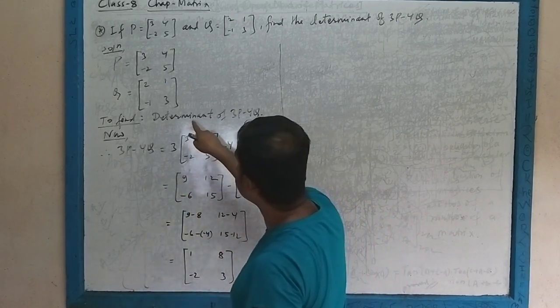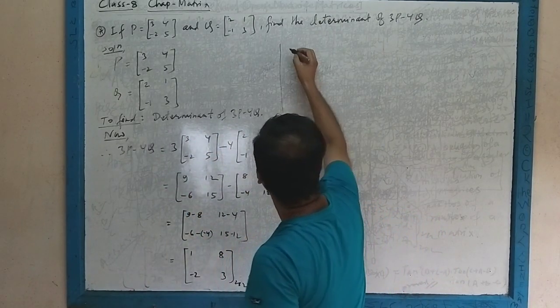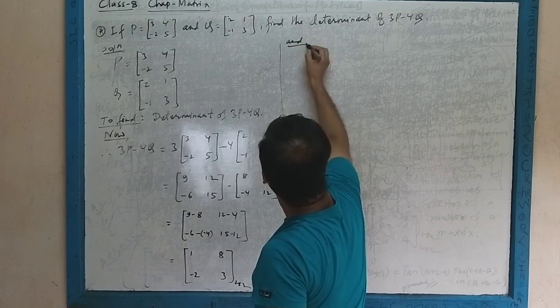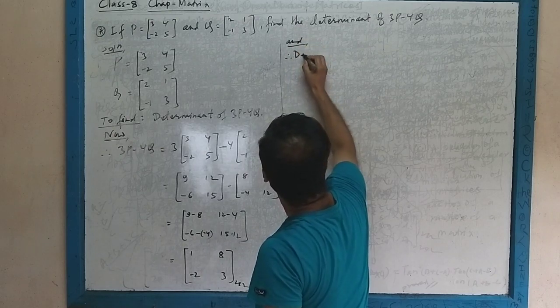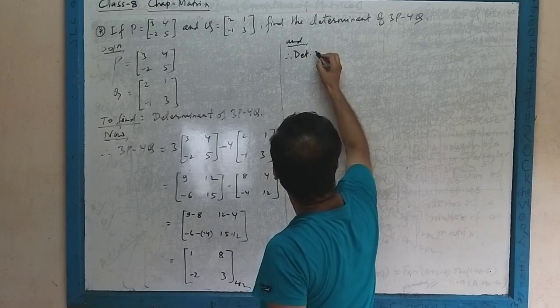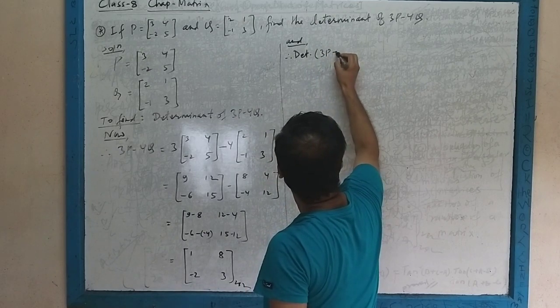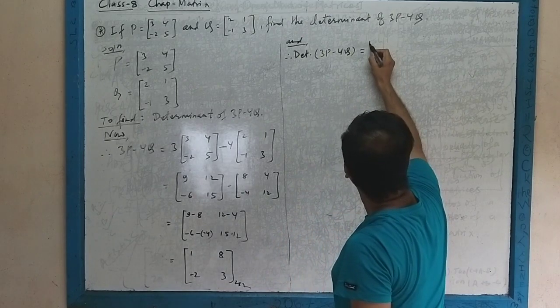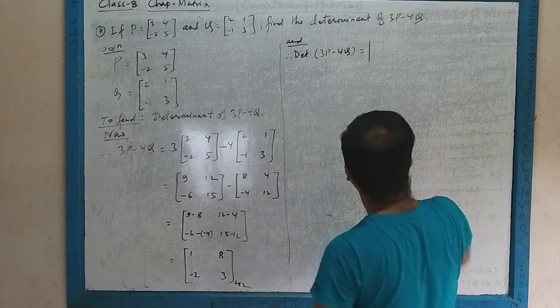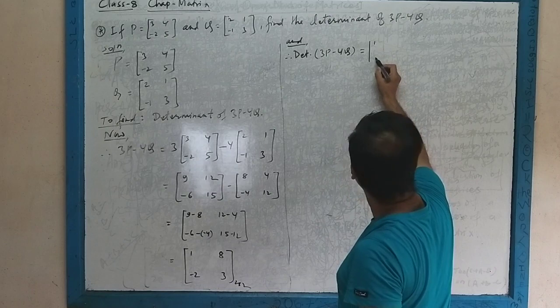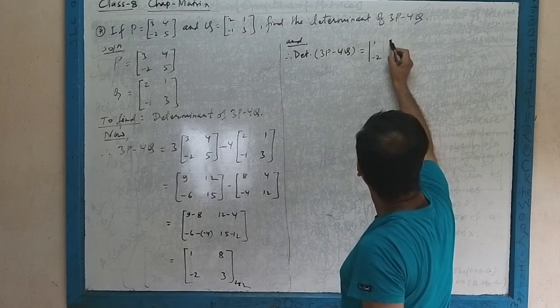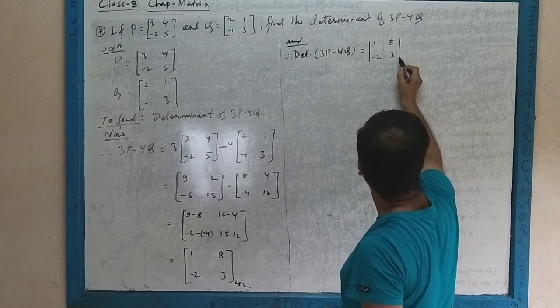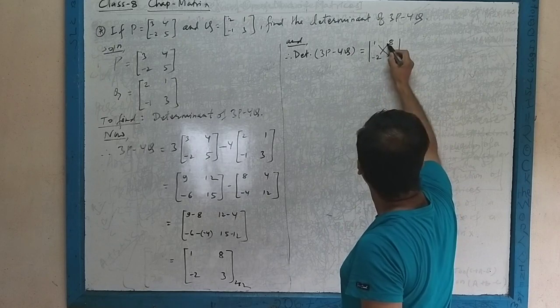Now our intention is to find the determinant of 3P minus 4Q. Therefore, the determinant of the matrix 3P minus 4Q is equal to the determinant of [1, -2; 8, 3].